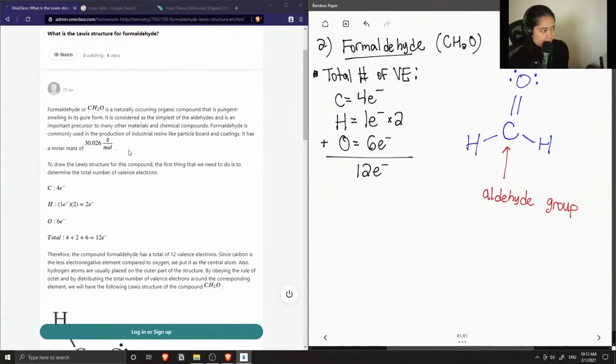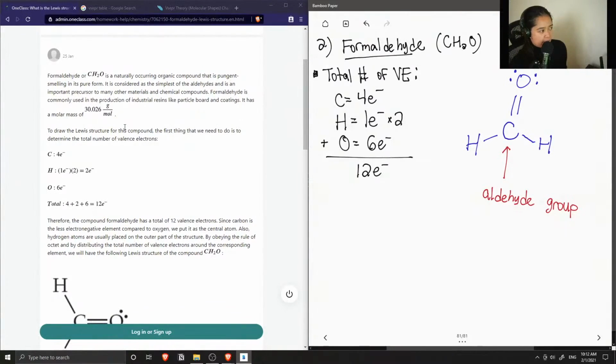Okay, so the junior tutor said that formaldehyde is a naturally occurring organic compound that is pungent smelling in its pure form. It is considered the simplest of the aldehydes and is an important precursor to many other materials and chemical compounds. Formaldehyde is commonly used in the production of industrial resins like particle board or coatings.